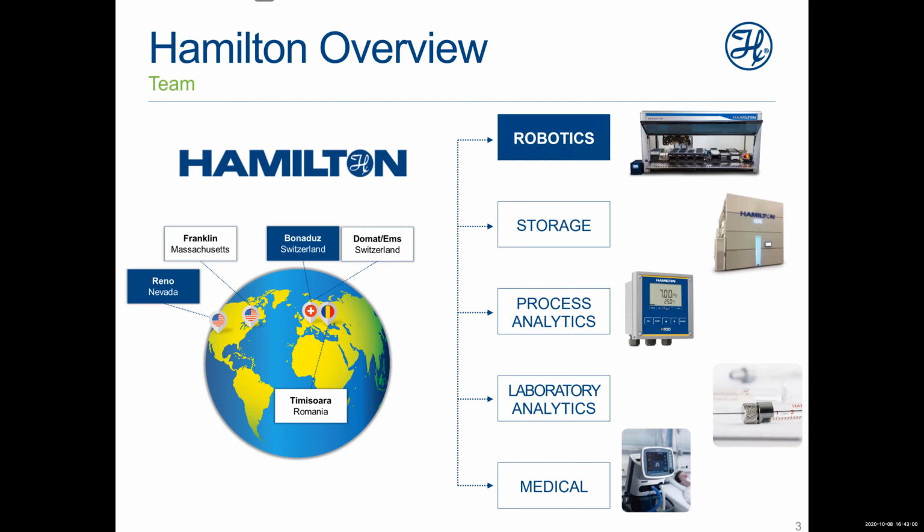Another business unit is Hamilton Process Analytics, which manufactures measurement devices, including sensors for pH, dissolved oxygen, and conductivity. Hamilton Laboratory Analytics manufactures syringes for use in various applications. And finally, Hamilton Medical, which manufactures ventilators for people in critical care.